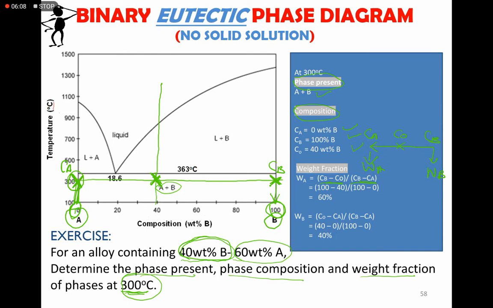Just put in these values and you get 60%. The Wb formula is C naught minus Ca over Cb minus Ca. Put in the values and you get 40%.